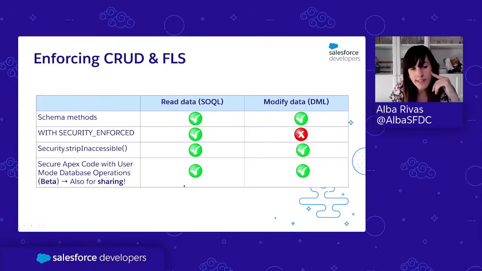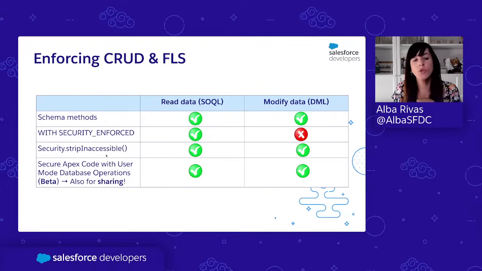In this case, the keywords that we are going to use that belong to this beta will also enforce sharing, okay? That's the difference with the other methods we have seen here. Those methods only enforce object and field level security, and you have to enforce sharing with other means that we're going to talk about in a second.